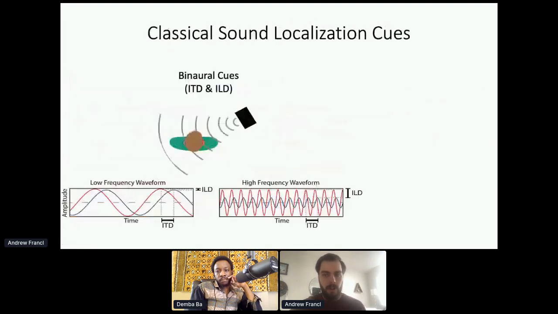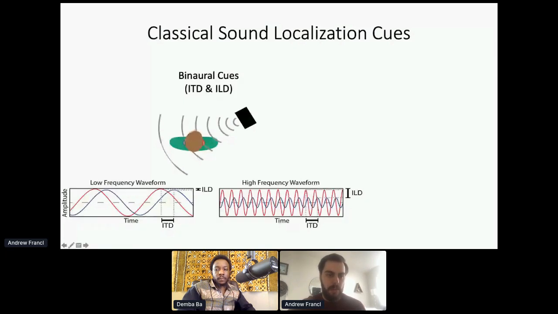However, significant progress has been made on understanding how humans do this over the past century, and specifically, three main cues have been put forth as likely to underlie this ability in humans. The first two are the interaural time and level differences, and these are jointly known as the binaural cues. They're calculated by measuring the difference in arrival time and volume between the left and right ear for a given signal. The way to think about this is to imagine a single sound wave emanating from the speaker and moving through space.